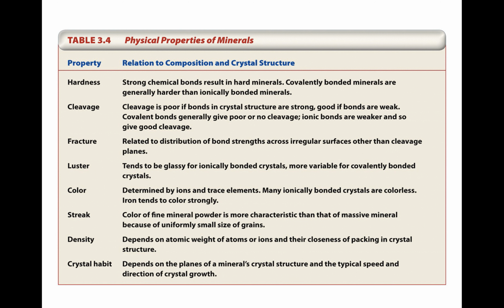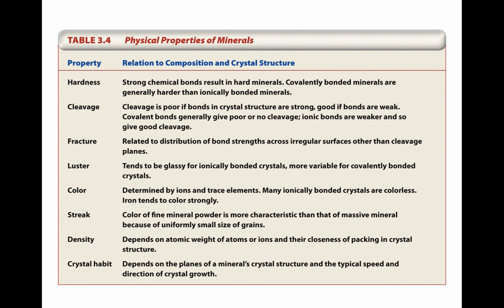So then we have the streak, and the streak is the color of fine grained mineral powder, and it is more characteristic than that of massive mineral because of uniformly small size of the grains. Then we have the density, and the density depends on the atomic weight of the atoms which are forming the mineral. Of course, some atoms are more heavy, some atoms are more light.